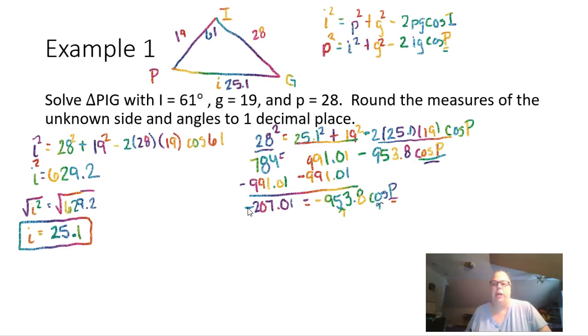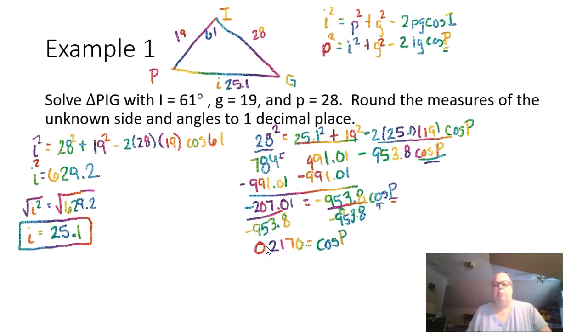I'm going to have to do it in 2 steps. The first thing I'm going to do is divide away this negative 953.8 because it is currently being multiplied by that cosine of P. Now I'm hoping that when I do this division, I get a number that's between positive and negative 1. Because if I don't, then I've got a problem. And this is going to give me 0.2170, which is now equal to the cosine of angle P.